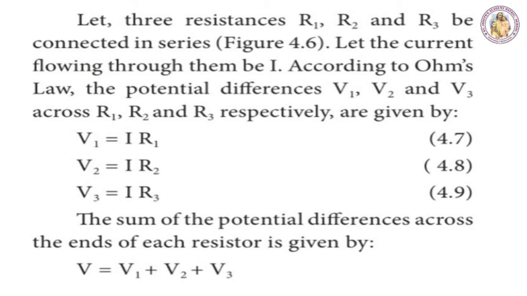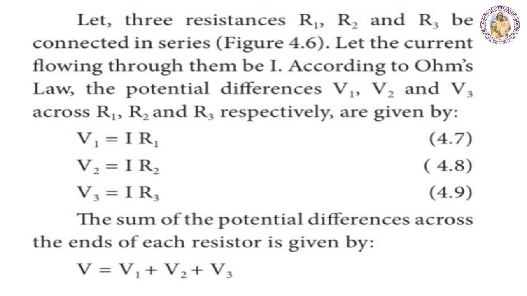According to Ohm's law, the potential differences V1, V2 and V3 across R1, R2 and R3 respectively are given by the following. We already know Ohm's law. What is Ohm's law? At a steady temperature, the current is directly proportional to the potential difference.